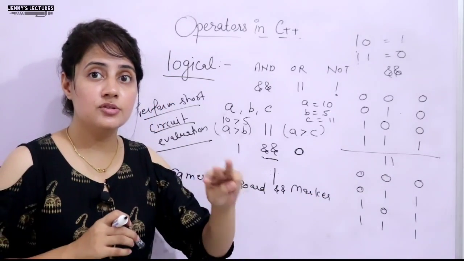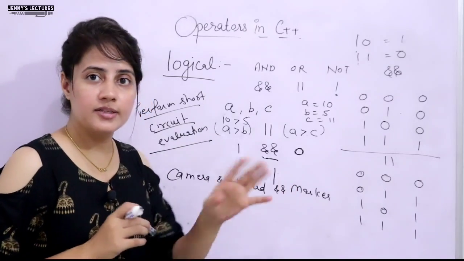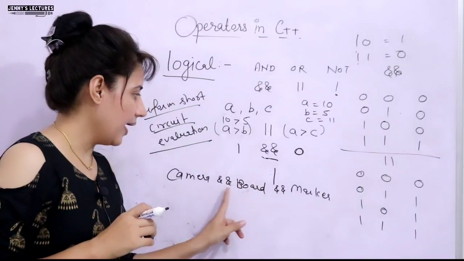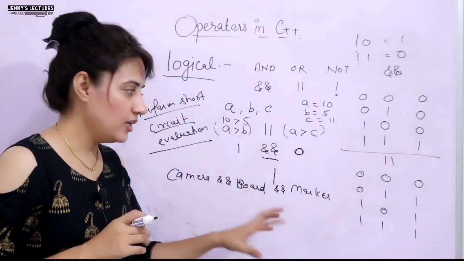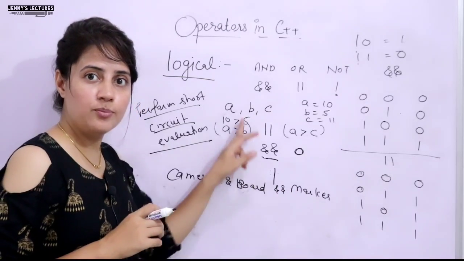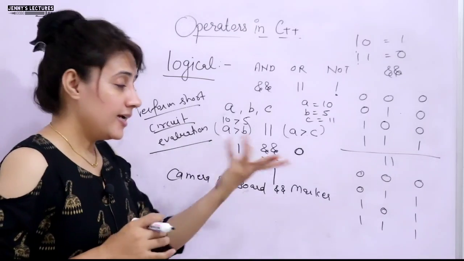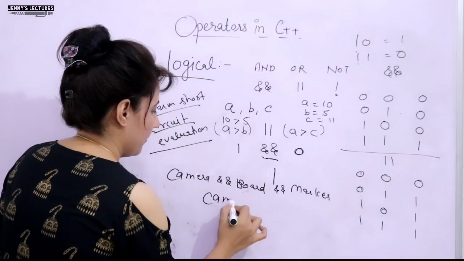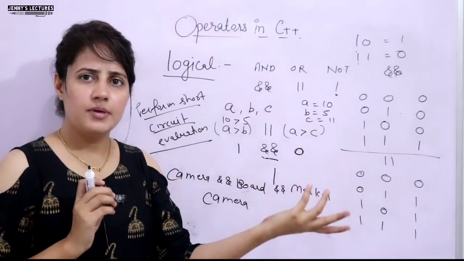Means all 3 conditions should be true. I have camera, board and marker, then only I will shoot. So I am putting AND in between these. If any one of these is false, suppose the whiteboard is not available, I will not shoot the video.